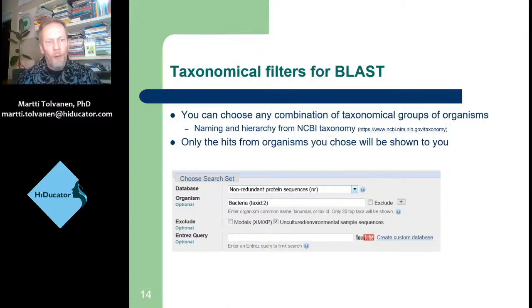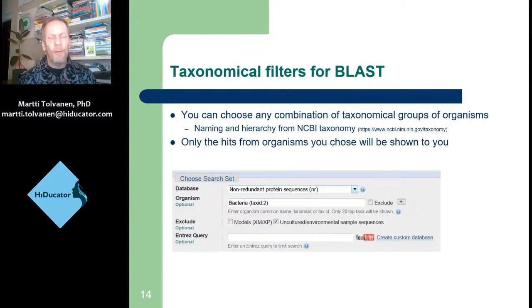And once you set an organism filter, it means that only hits from organisms you chose will be shown. So this filter would mean that you are looking for bacterial sequences only, and anything from eukaryotes or archaea is going to be discarded if such hits would be there.